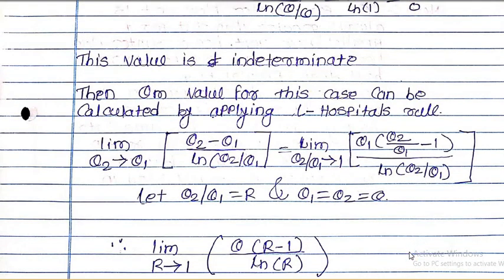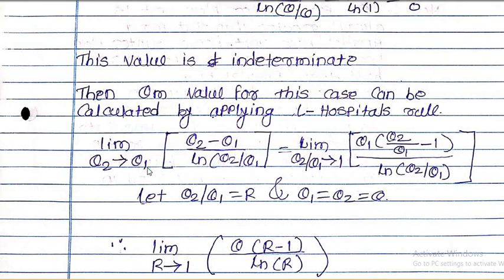In this particular case, we need to apply the limits to the LMTD equation, and we have to apply the L'Hospital rule to solve that particular limit. So here we have considered limit theta 2 tends to theta 1 for the equation theta 2 minus theta 1 divided by ln of theta 2 divided by theta 1.